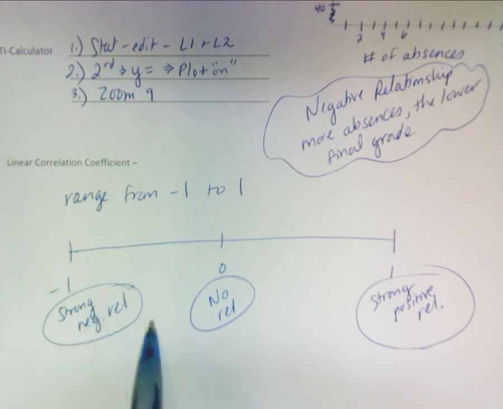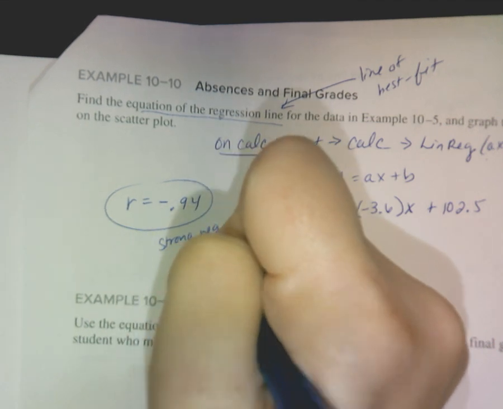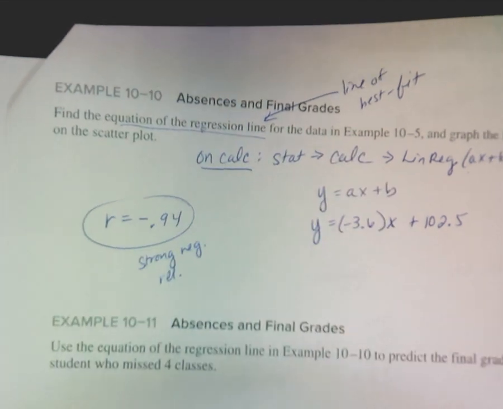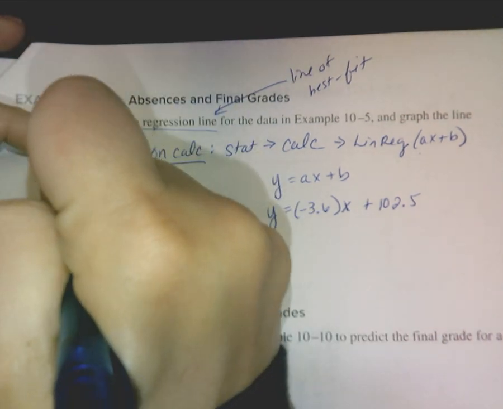That's pretty strong. That's a strong negative relationship. There's some substance there to this absences versus your final exam. Okay? So again, this is our correlation coefficient.